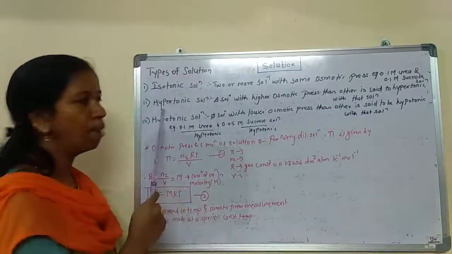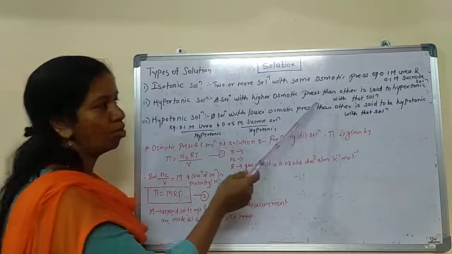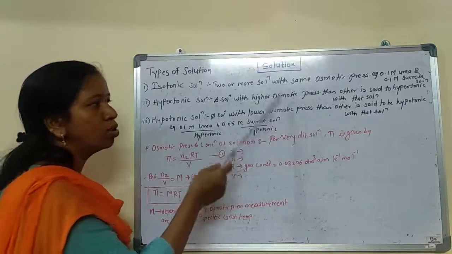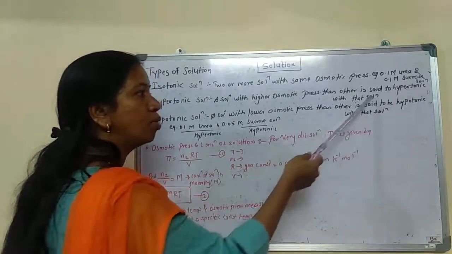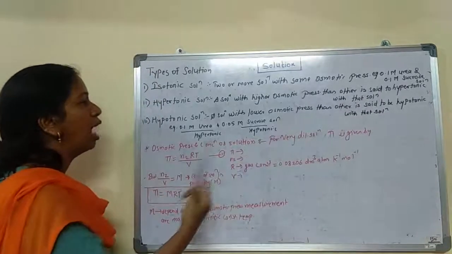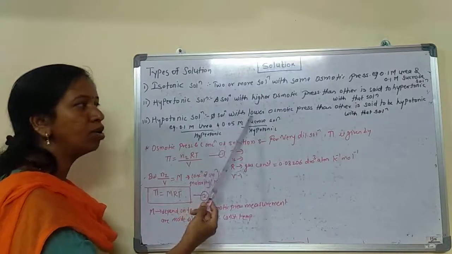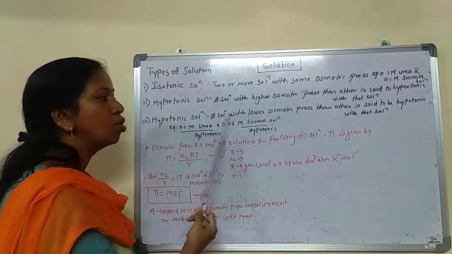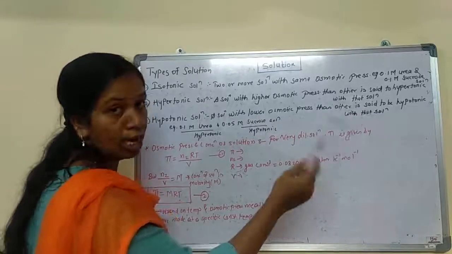The second one is the hypertonic solution, a solution with a higher osmotic pressure than the other. We are comparing two solutions, so the solution with the higher osmotic pressure is said to be hypertonic with respect to the other. And for the hypotonic solution, again we are comparing two solutions, so the solution with the lower osmotic pressure is said to be hypotonic with respect to the other.